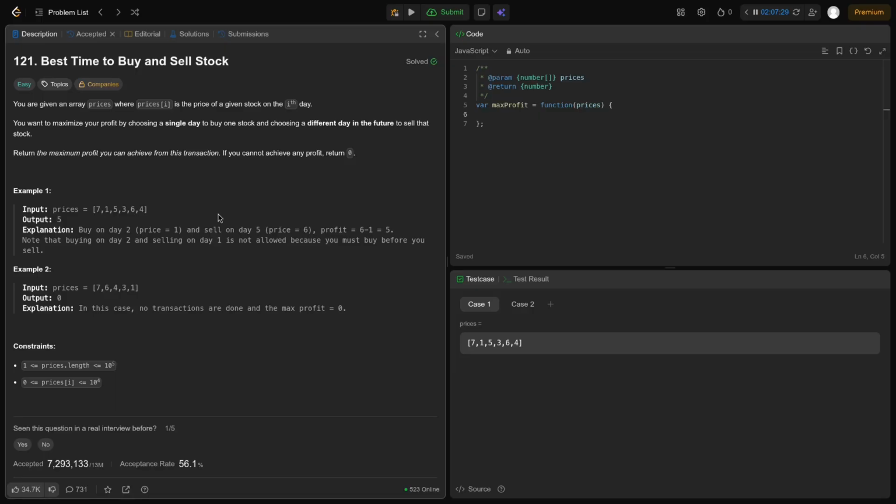That price we have to save, and if we have the minimum price, then we can think of the price at which we can sell for maximum profit. So we will use that method and find the minimum price and maximum profit. So let's code it and get to know how we can solve it.